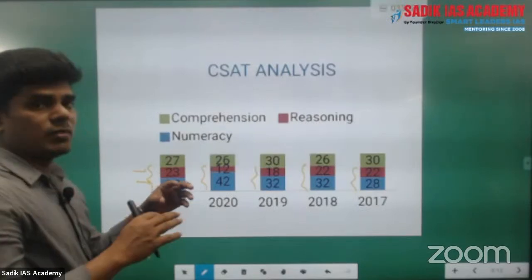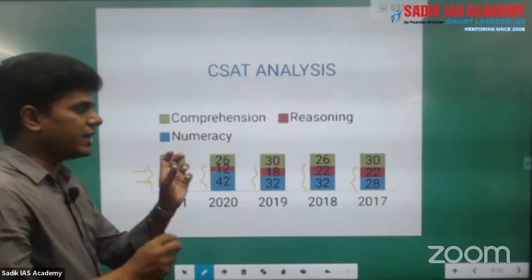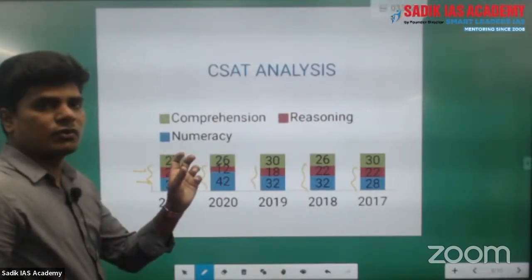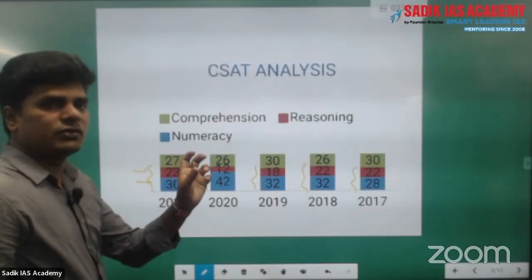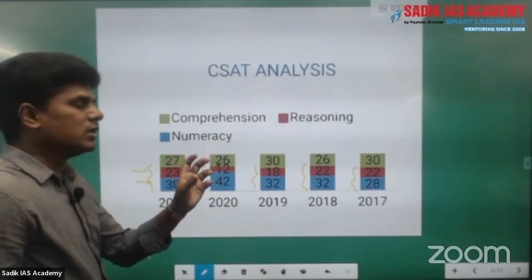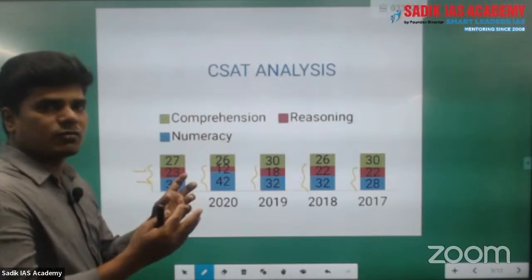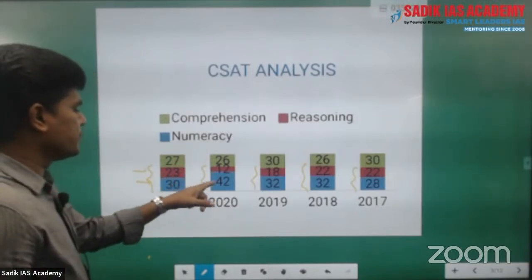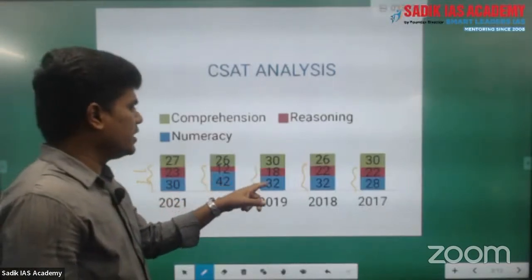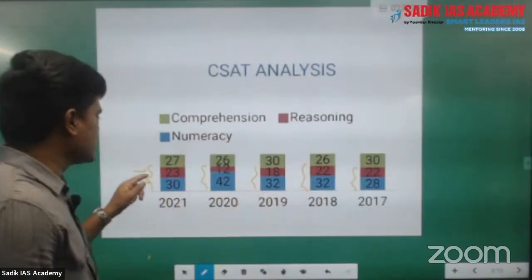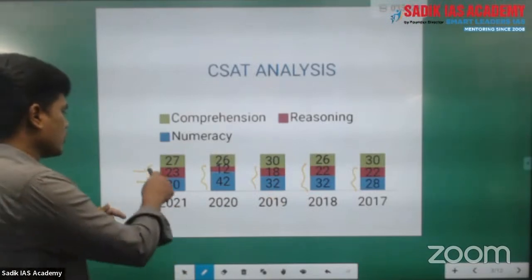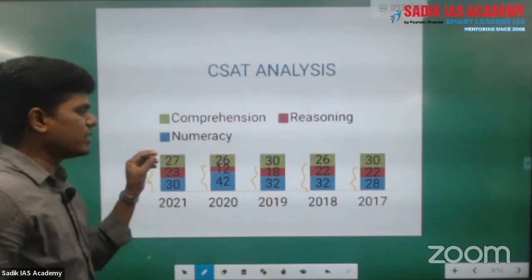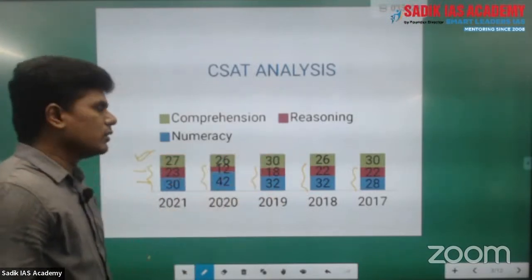Considering negative marks, if you want a net mark of 70, you have to correctly answer 28. Anything above that is extra mark. More than 50 questions on average are asked every year in these areas, and in comprehension, on average 30 questions.